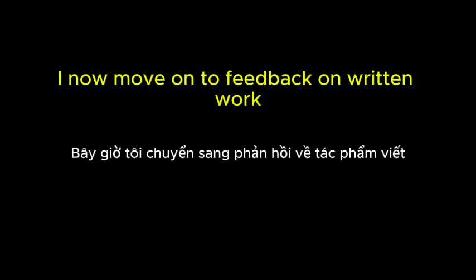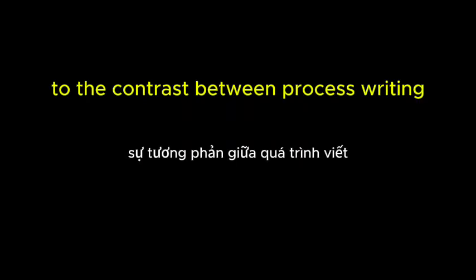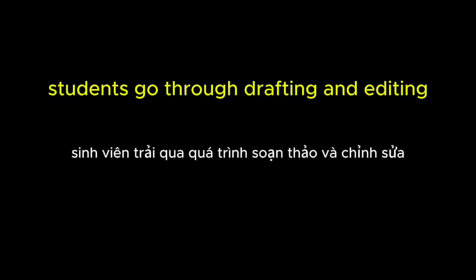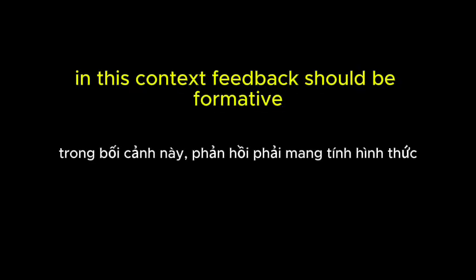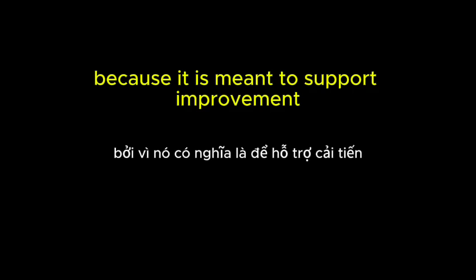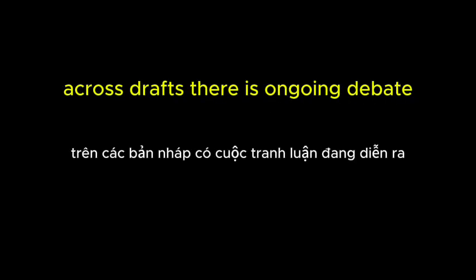I now move on to feedback on written work, with particular attention to the contrast between process writing and product writing. In process writing, students go through drafting and editing. In this context, feedback should be formative because it is meant to support improvement across drafts.